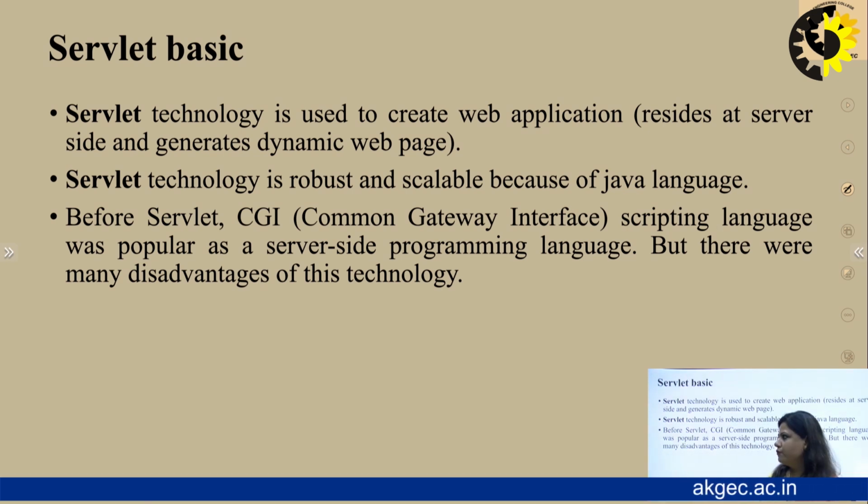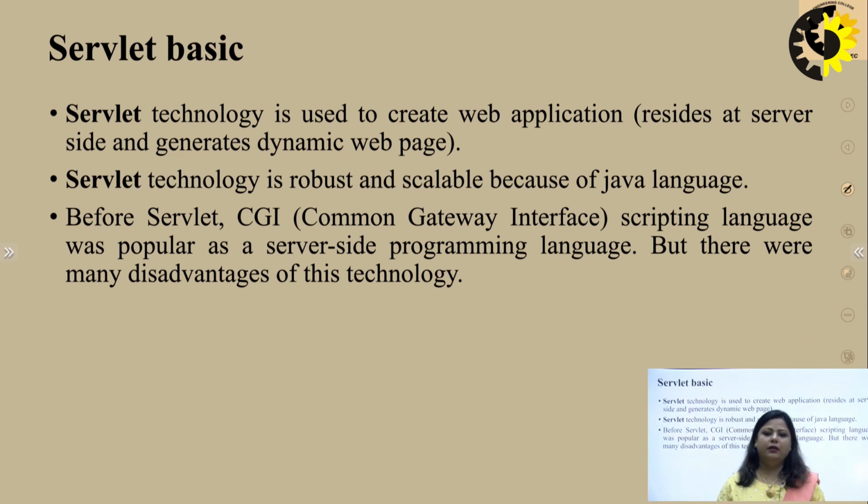First, the client sends a request to the server for any web page. Then the server responds with whatever data the client required, and after that the client confirms that it received that data. So, these three steps, request, response and acknowledgement, are known as the handshaking process in which servlets work.